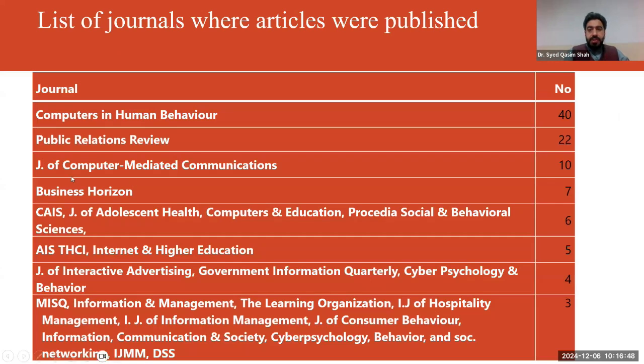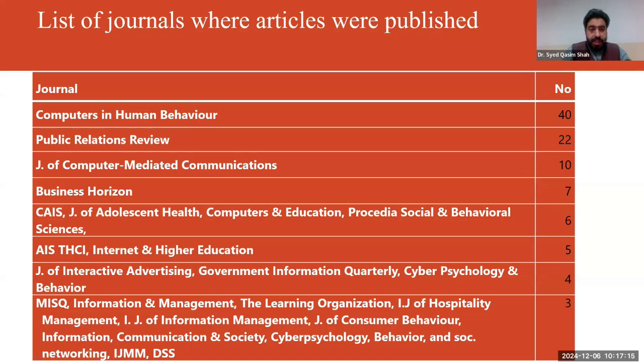Now this is just a brief of whatever we have done. On social media, we have identified that 40 articles have been published in Computers in Human Behavior. This journal has published 40 articles on social media related to our keywords.